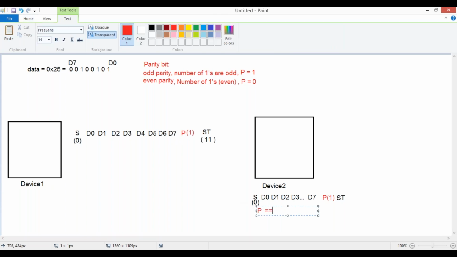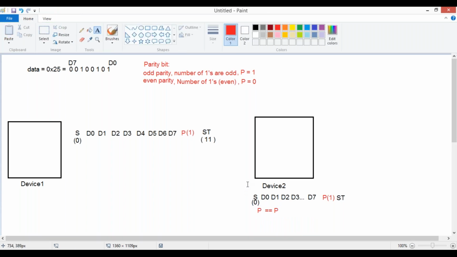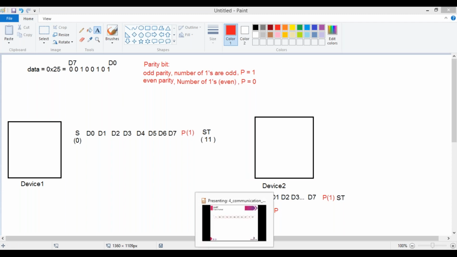If that parity matches the received parity bit, then it will conclude the data is correct. Otherwise, it will say I got corrupted data. So based on this parity bit, it is decided whether it is correct data or corrupted data. That's how data integrity is achieved by using the parity bit.